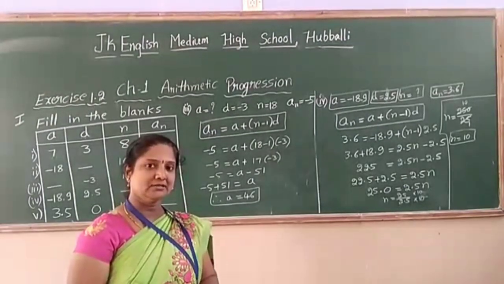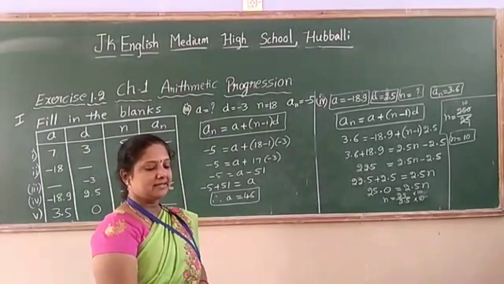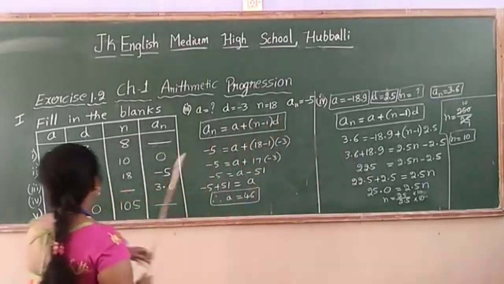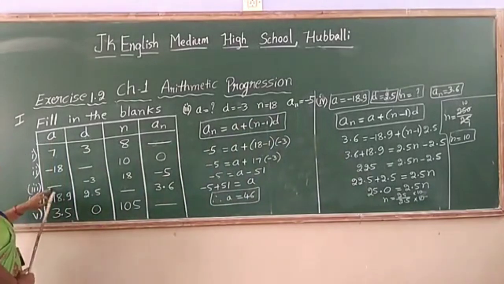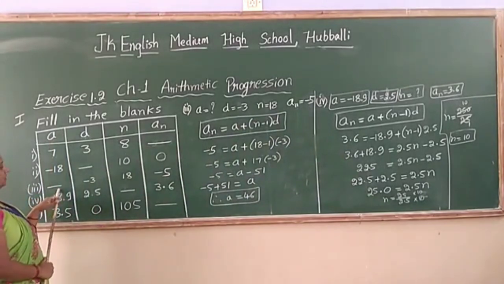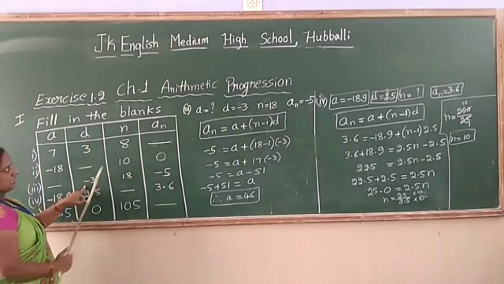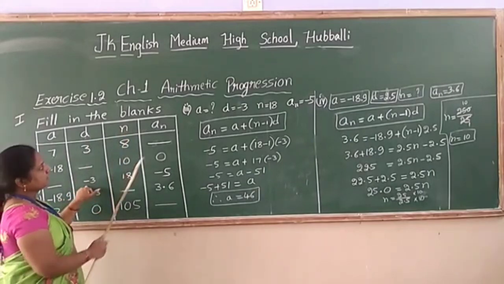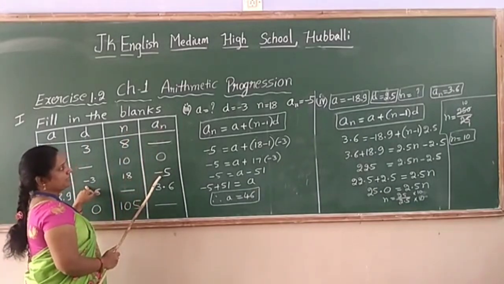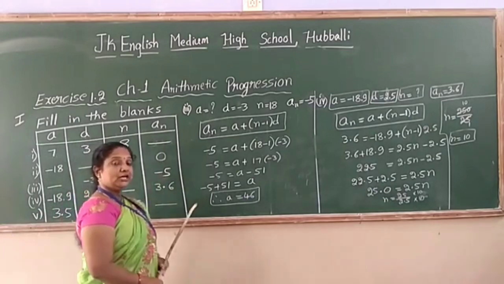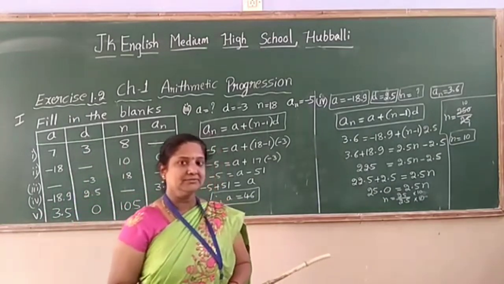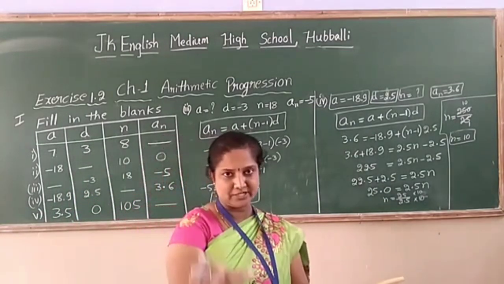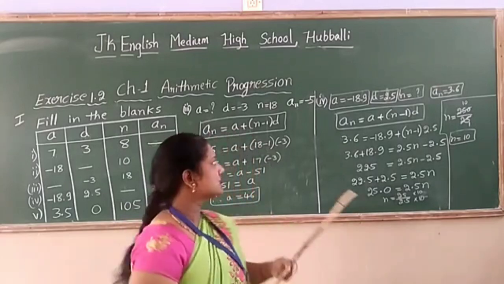Now children, third sum in first way, that is they give a blank, a value find it, d value give minus 3, n value give 18, nth term value give minus 5. So whenever they give you any sum, what values they give you have to see first, or you have to write it in this manner.